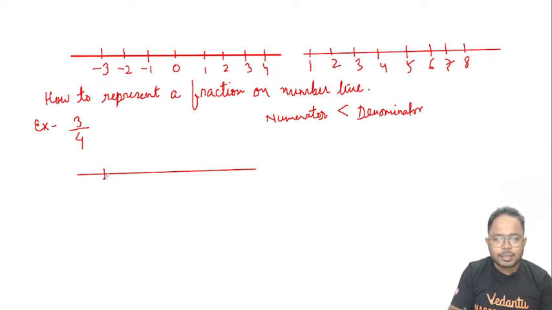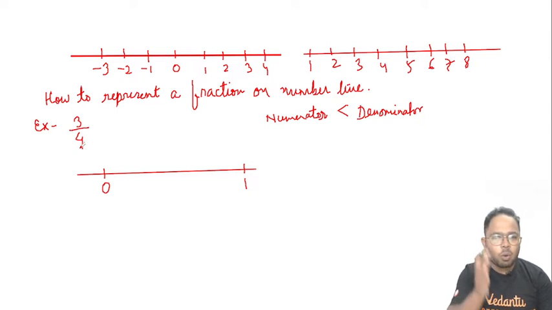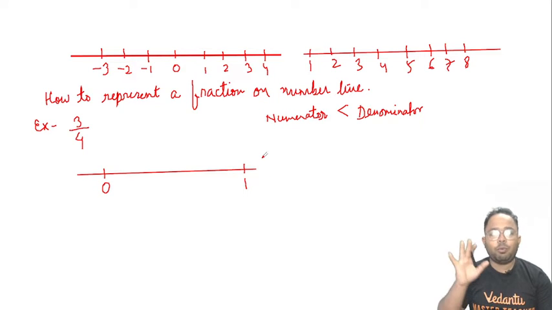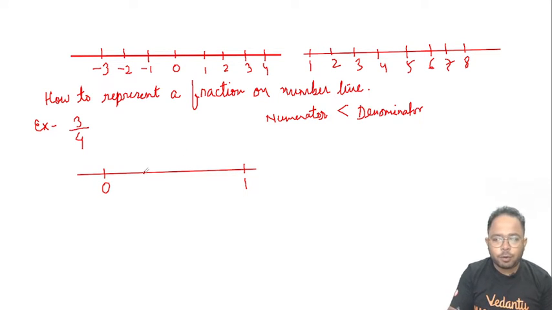So let's say this is our 0. This is 1. Now 3 by 4 means out of 4 we have to represent 3 parts of it, right? So as per the denominator, we will divide 0 and 1 into 4 equal parts. For making 4 equal parts, we can make 3 lines.